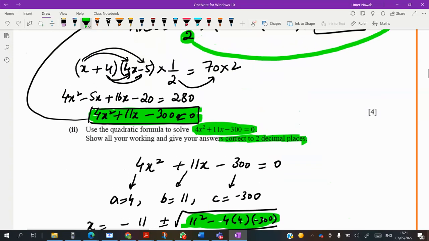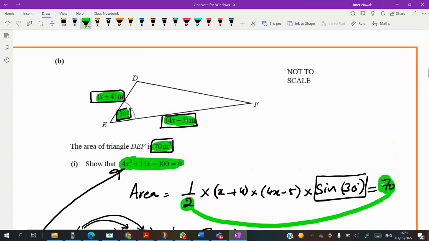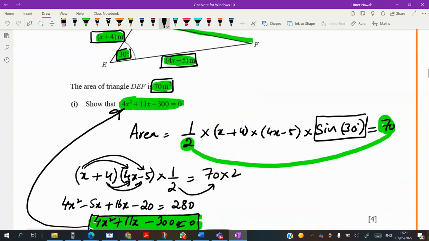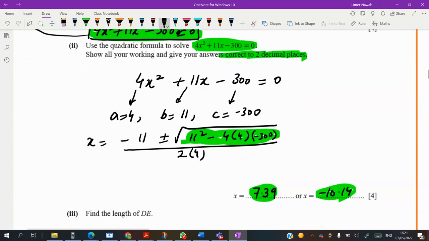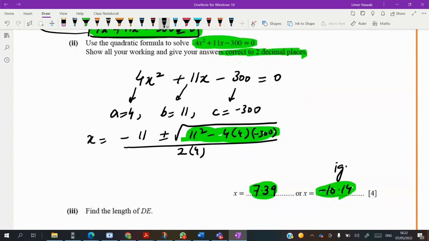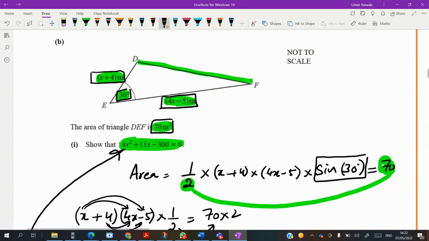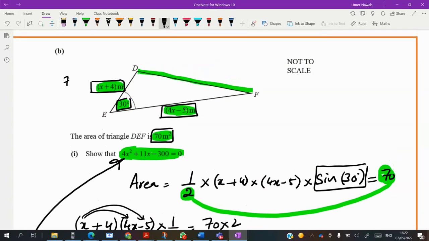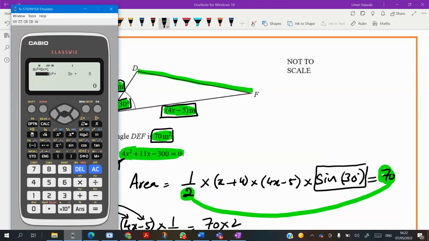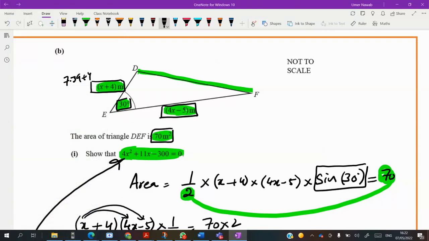Now find the length DE. Let's go on. We want to find length DE. So x plus 4. I will ignore this negative value, so I will use 7.39. So 7.39 plus 4 gives us 11.39.